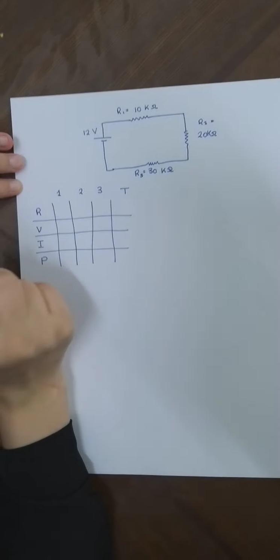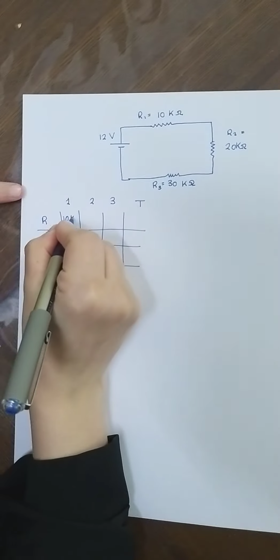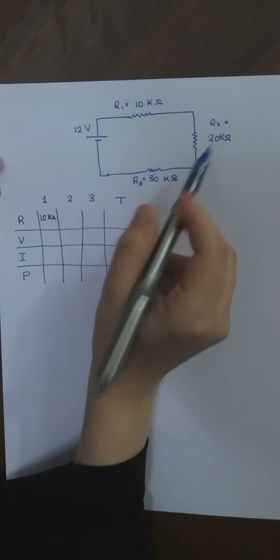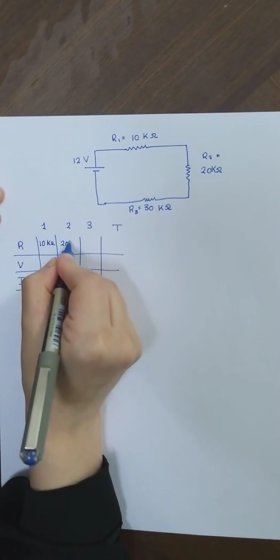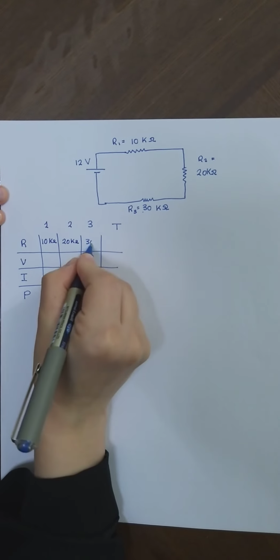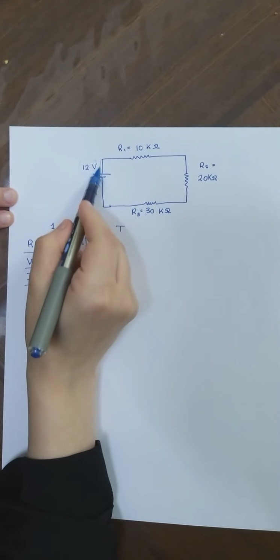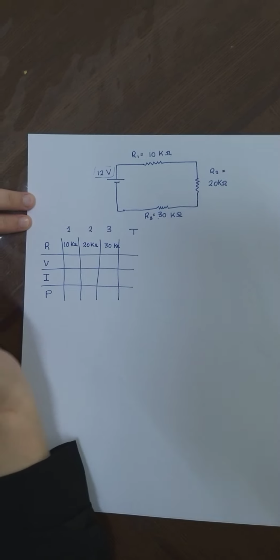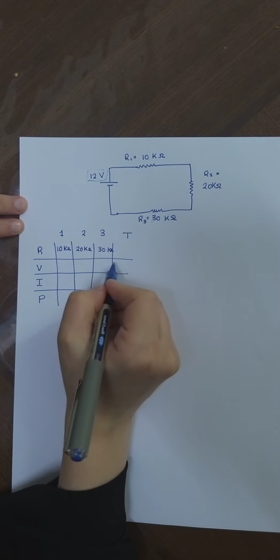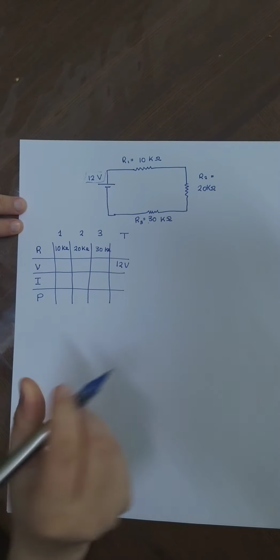What do we have here as given? We have R1 as 10 kilo ohm, R2 as 20 kilo ohm, and R3 as 30 kilo ohm. The 12 volt, this voltage, is the V total. So here's the V total, 12 volt.